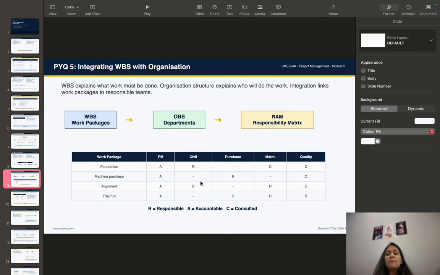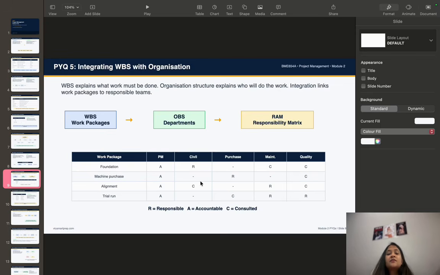When we combine both, we can assign each work package to the responsible person, right? We are going to assign the work to the responsible department or person. This is usually done using what?